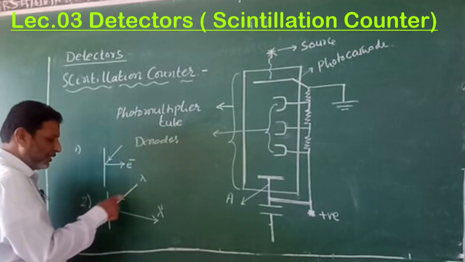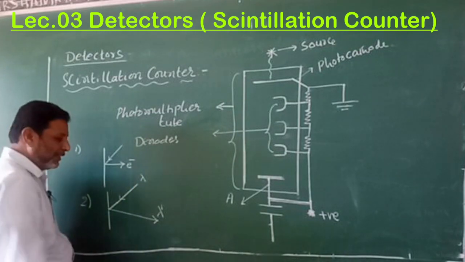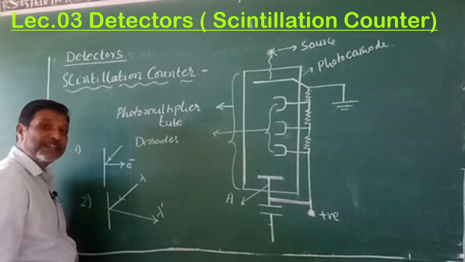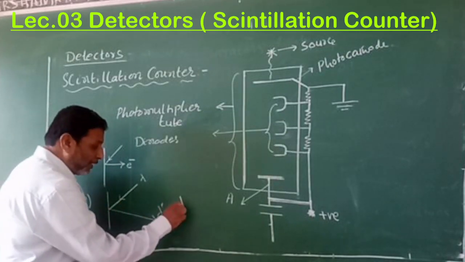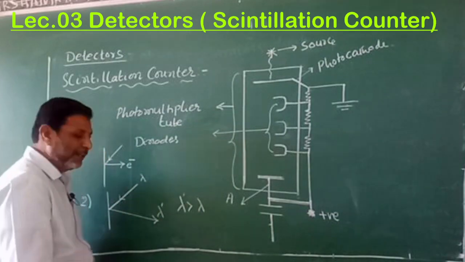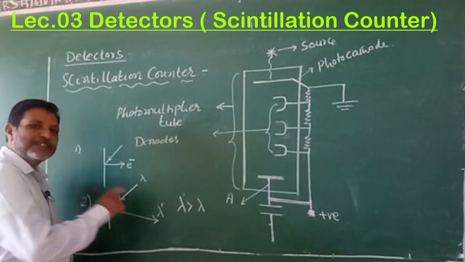That is, if lambda is the wavelength of the incident light and lambda dash is the wavelength of the scattered light, then it is observed that lambda dash is greater than lambda. Then this is known as the Compton effect.